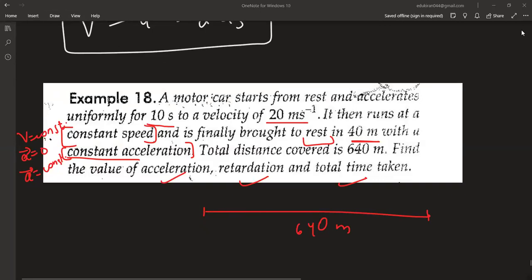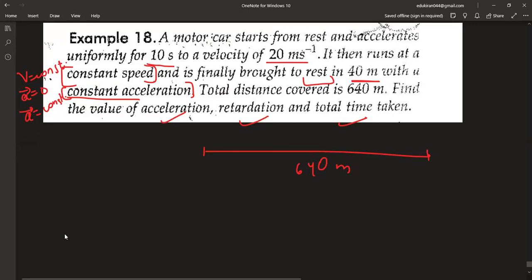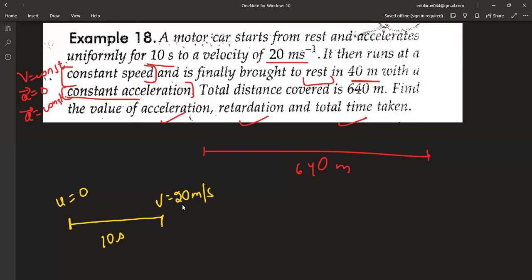See, a motor car starts from rest. So let's say initially it is starting from rest, u is equal to 0. It accelerates uniformly for 10 seconds to a velocity of 20 meter per second. Then it runs at a constant speed. Here this is 20 meter per second because speed is constant. So if here it was 20 meter per second, here also it will be 20 meter per second, right? And it is brought to rest, then rest means the final velocity will be 0.